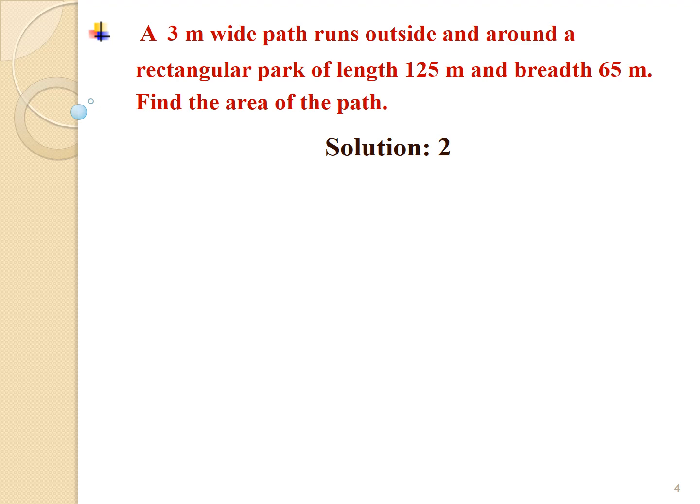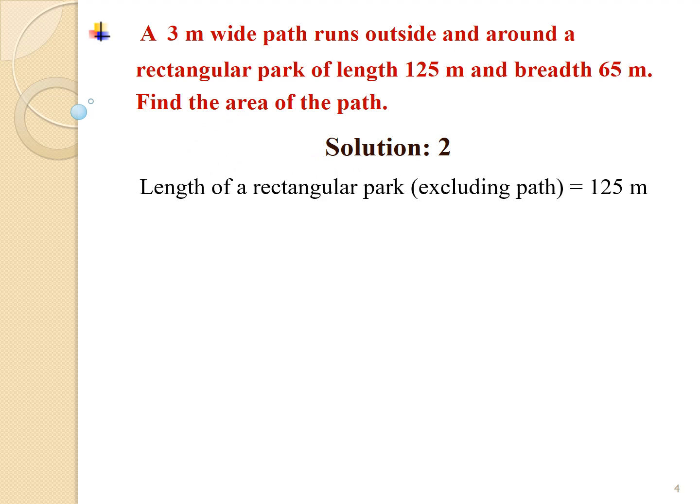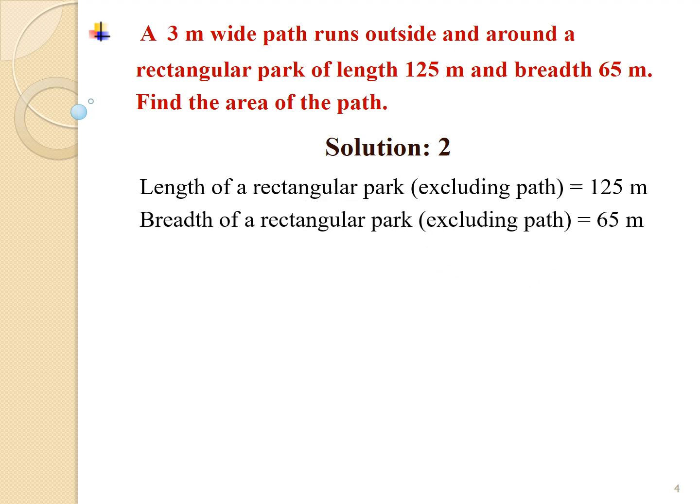Length of the rectangular park excluding the path is given to us, 125 meters. Breadth of the rectangular park excluding the path is given to us, 65 meters. Therefore, area of the rectangular park equals how much?